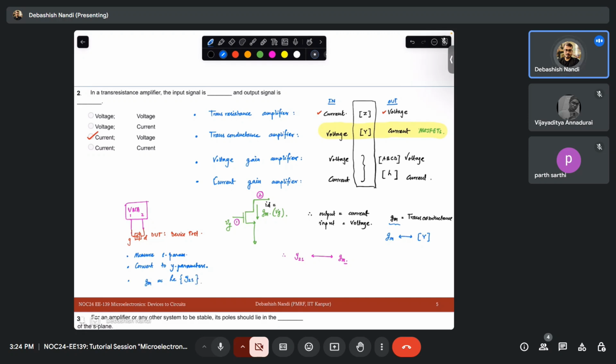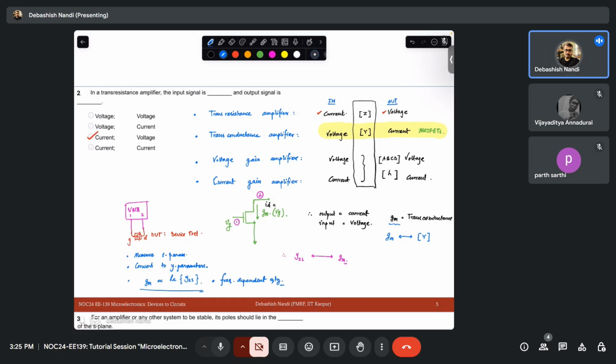So this is how you measure your GM, and that will be a frequency dependent quantity. What we have been discussing in this course is the zero frequency transconductance, or the DC transconductance. But that GM actually changes with frequency.